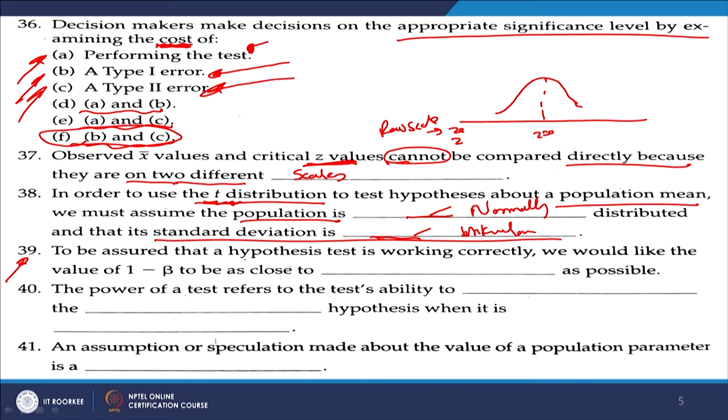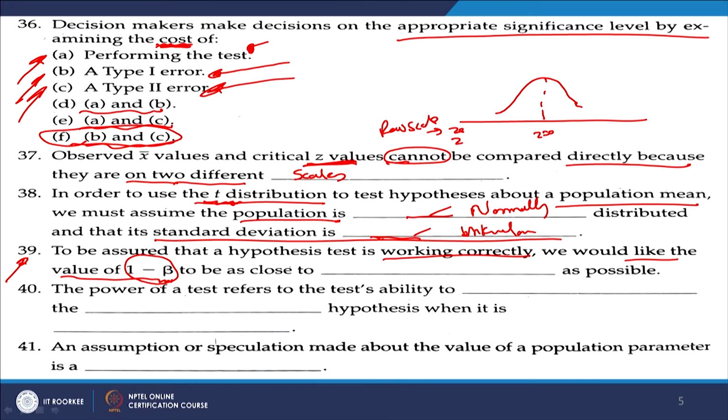To be assured that a hypothesis test is working correctly, we would like the value of 1 minus beta to be close to 1 as possible. What is this called? This is called power of test, the probability of rejecting a null hypothesis when it is false. What should be the ideal condition in hypothesis testing?